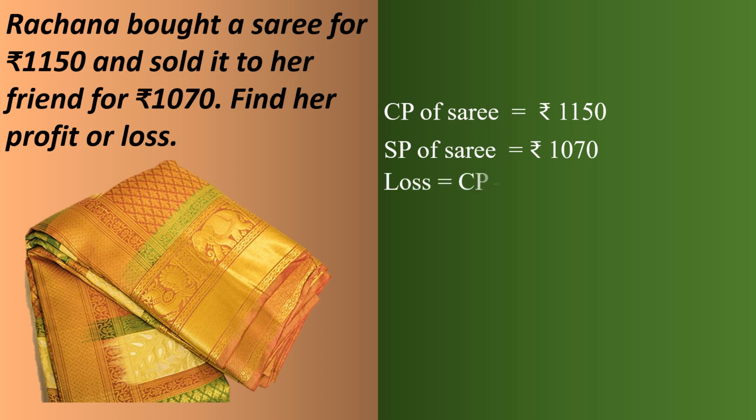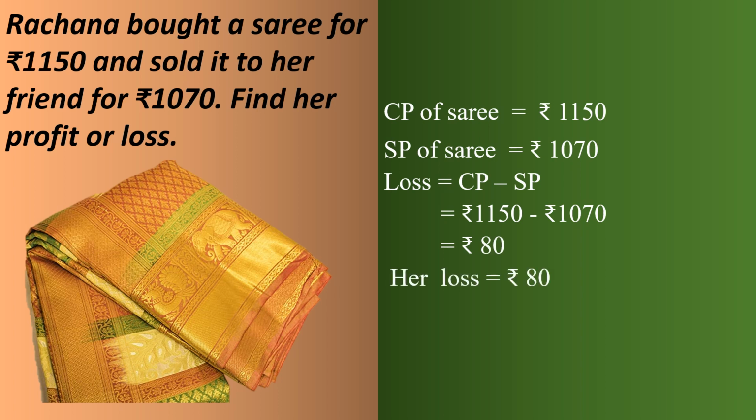It means there is a loss, and in case of loss the formula is cost price minus selling price. So we will find out the loss: rupees 1150 minus rupees 1070 equals rupees 80. It means her loss equals rupees 80.